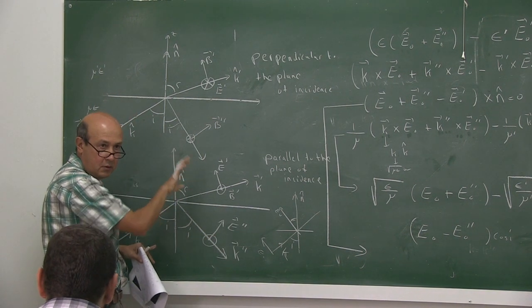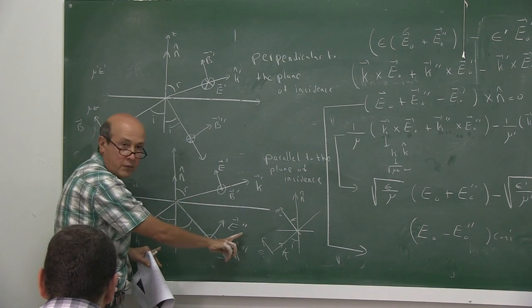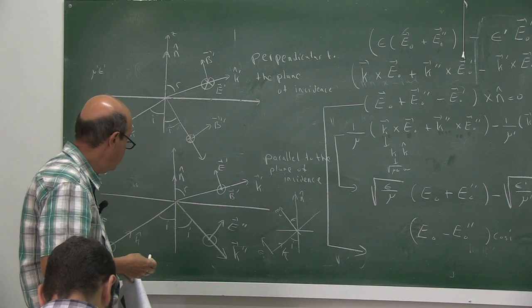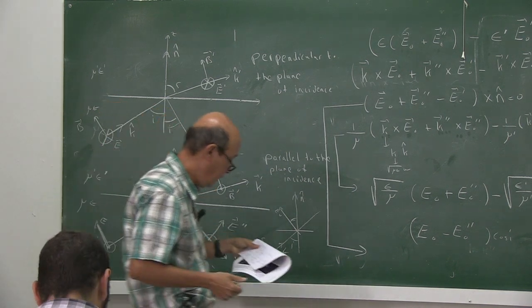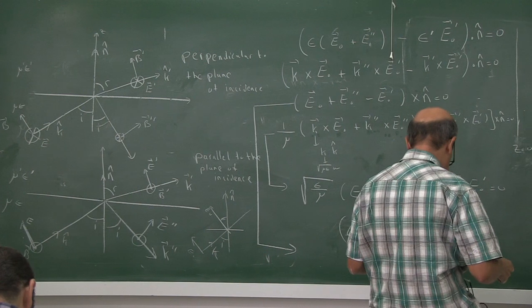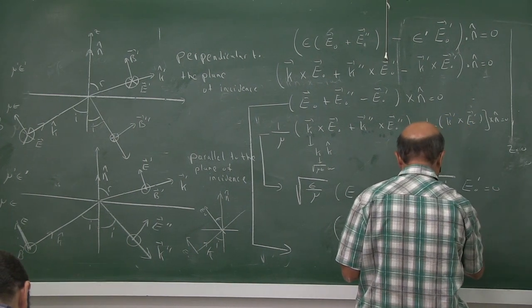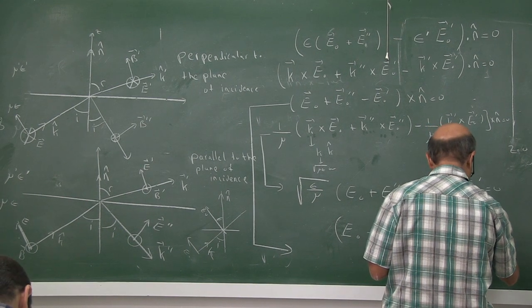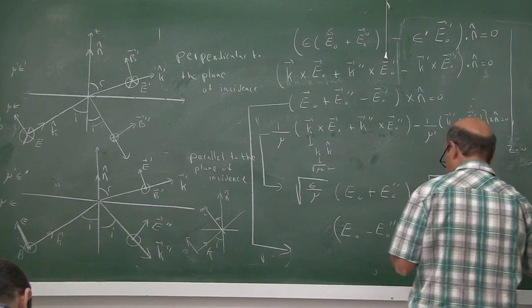The other should be the negative sign. Then the other term, for the refracted one, you will get E0 prime cosine R is equal to 0.